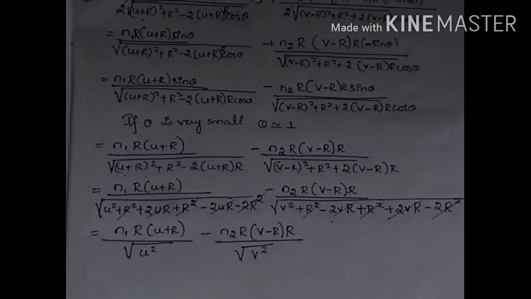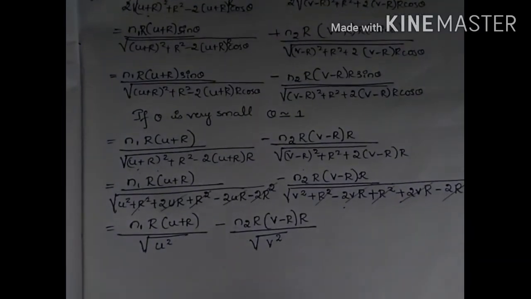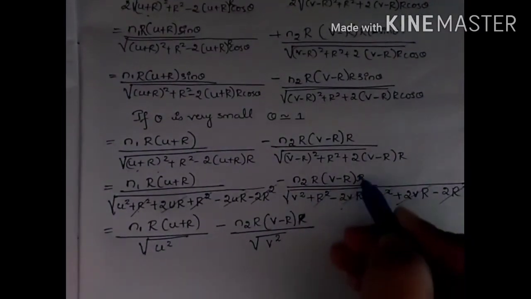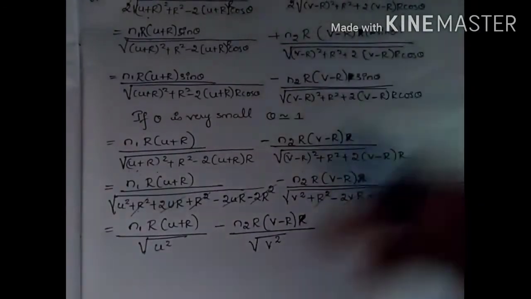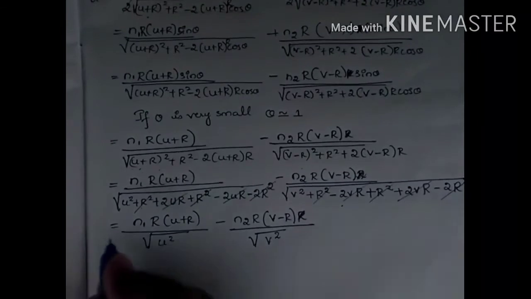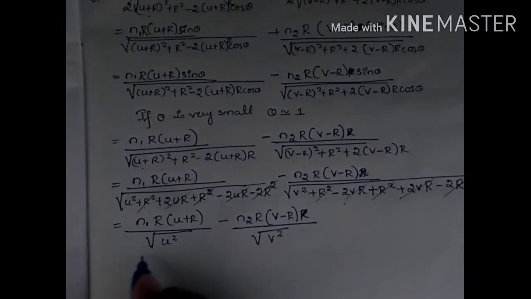So this is the equation. There is an extra r here. Now dl by d theta will be 0.